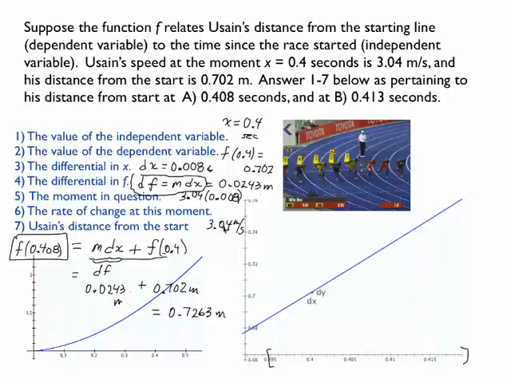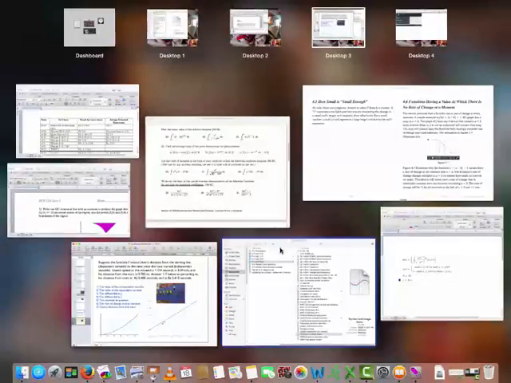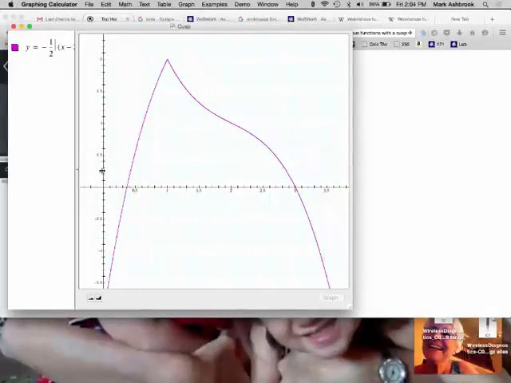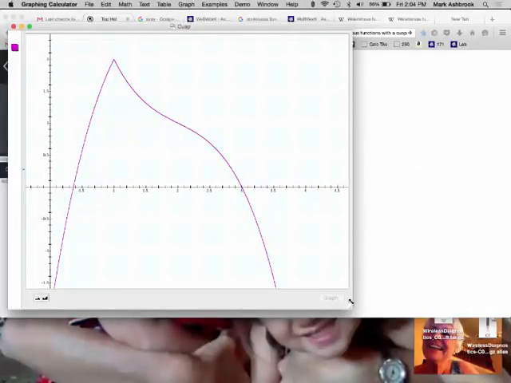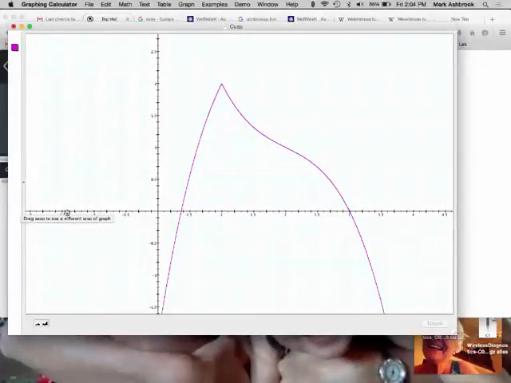Okay, so can we always zoom in enough to get a rate of change in a moment? And you learned that in your reading. The answer is no. Does it have a rate of change at the moment x equals 2?